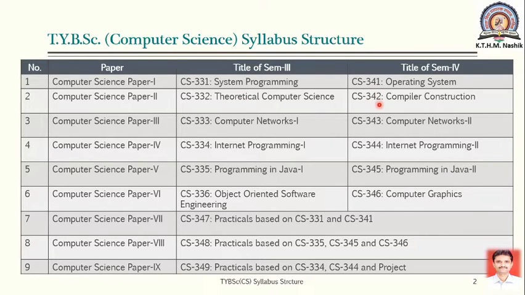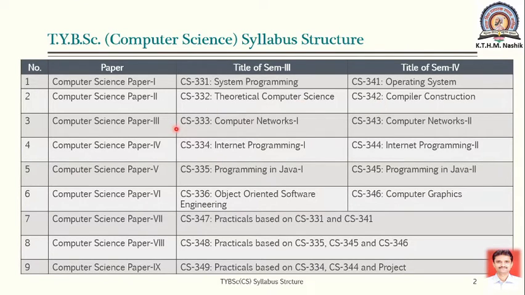The corresponding paper for the next semester will be compiler construction. In this paper, various phases of compilers are explained, and you will study different phases like lexical analysis, syntax analysis, semantic analysis, and various issues related to compiler construction.